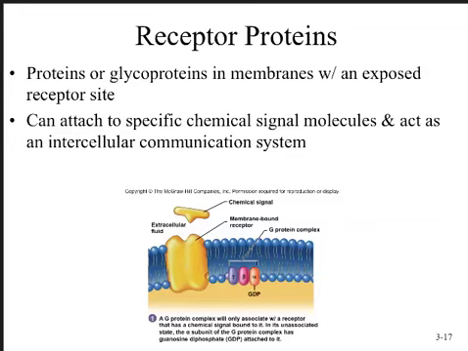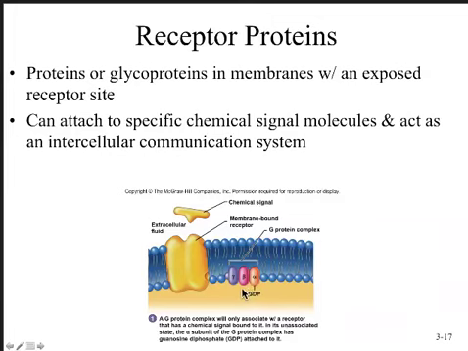The example you're looking at here is a particular type of receptor protein called a G protein. What happens with a G protein is that a chemical signal will activate it. This in turn will trigger the release of GDP by the next protein downstream in this cascade, which is intimately associated with this ligand activated receptor.